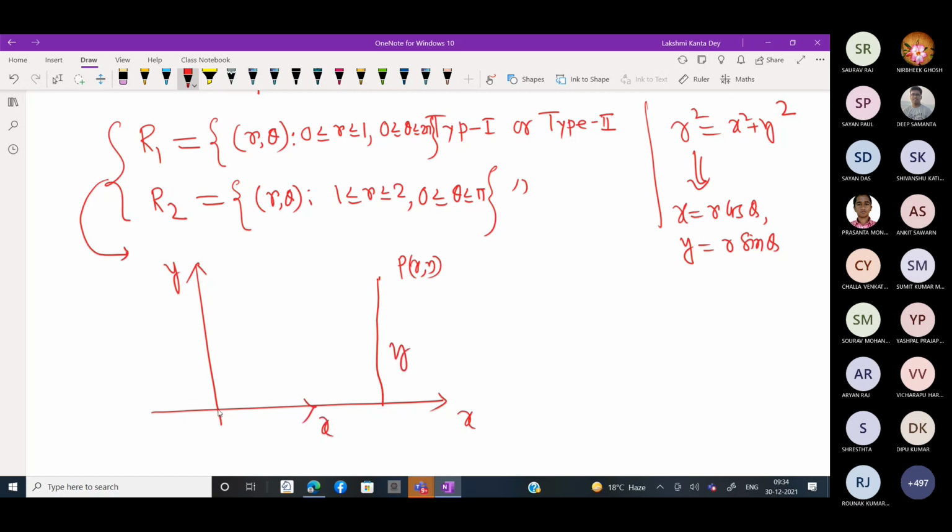Okay, so what is this particular part? This is your r, and this particular thing is theta. And I can write this point as P r comma theta, right? So this is the angle, 90 degree.